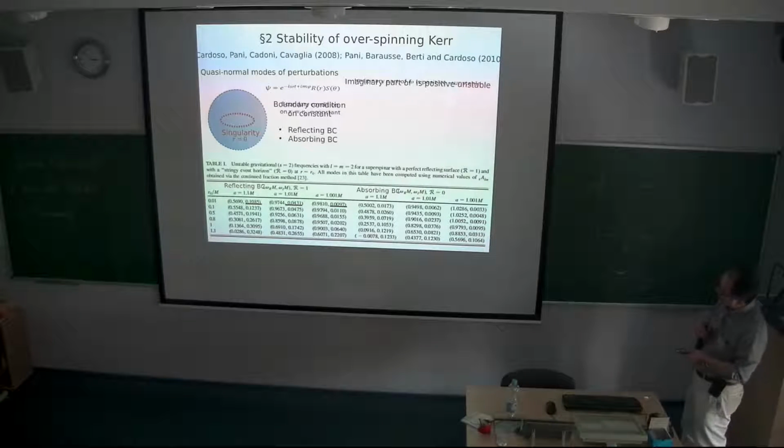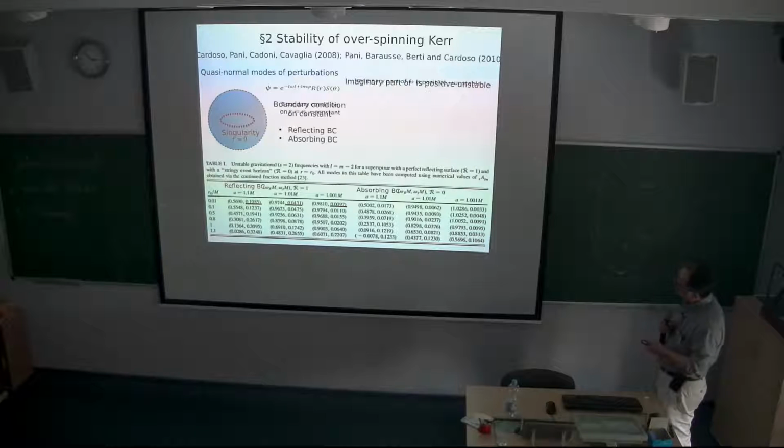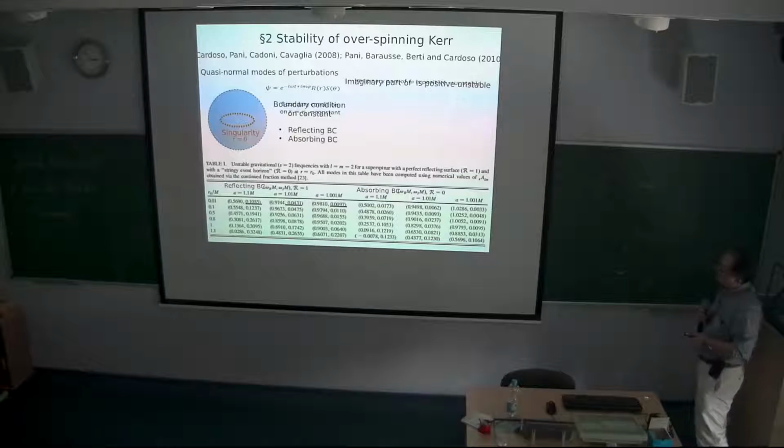They obtain the angular frequency; let me show you the table for various parameters. This table is given in the second paper of Carlos's group, for a variety of boundary spheres. Let's focus on these numbers.